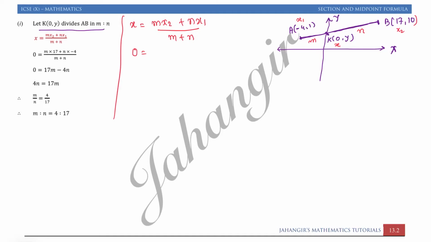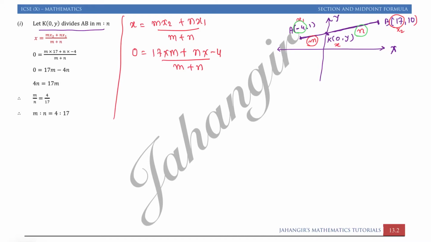So here m we will multiply with 17, so 17 into m, plus n we will multiply with minus 4, plus n into minus 4, whole upon m plus n.